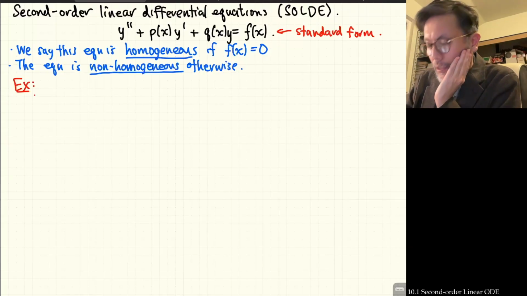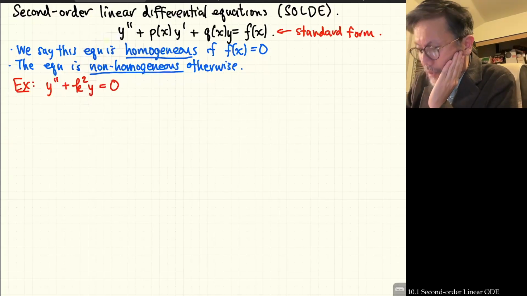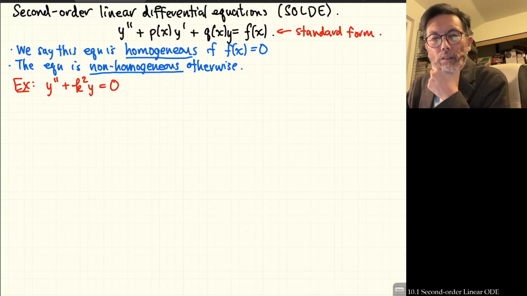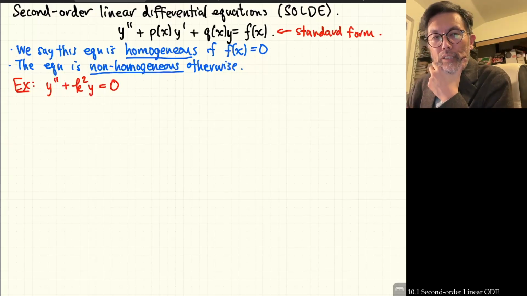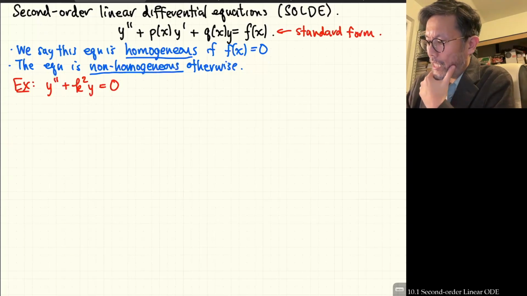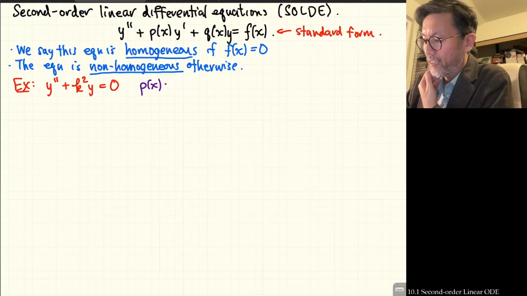Okay, so let's look at some examples before we go too far. Let's think about the following: y double prime plus k squared y equals 0. Then we can try to pattern match this example with the standard form. What's playing the role of p of x here is 0.